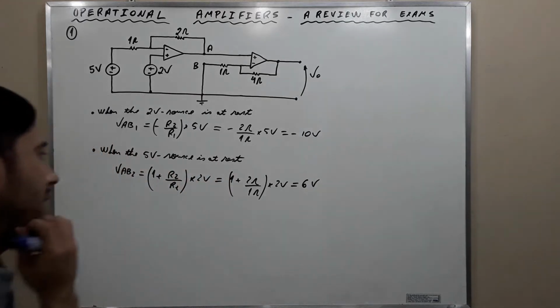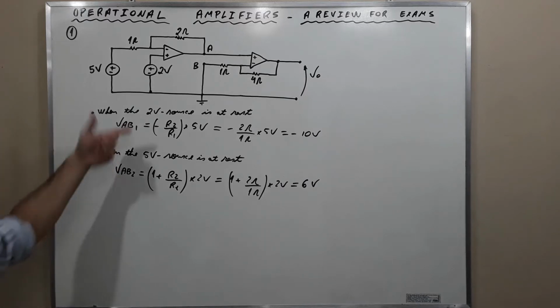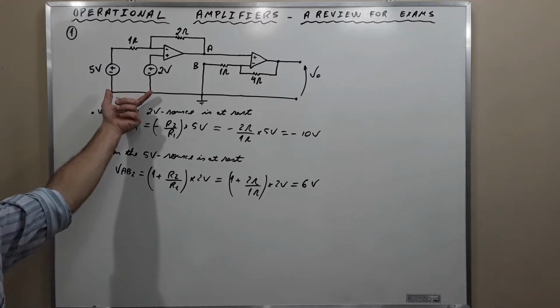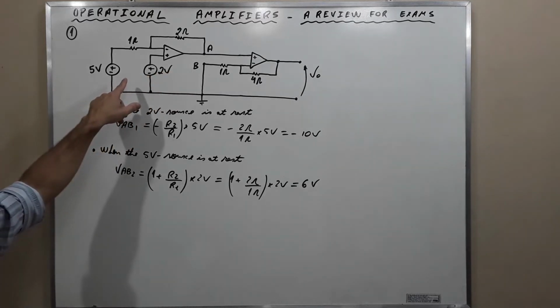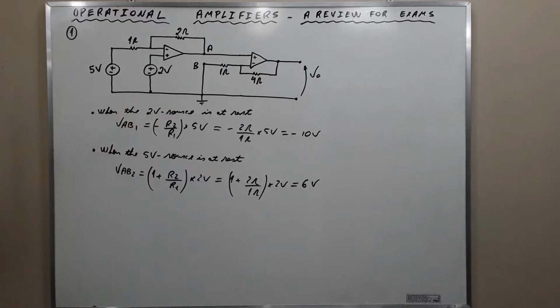All right? And the superposition principle says that we can sum them, and when both are on, they participate together simultaneously, then the voltage here is going to be obtained from the sum of the individual contributions, okay?